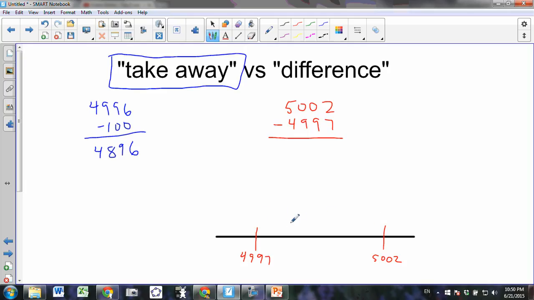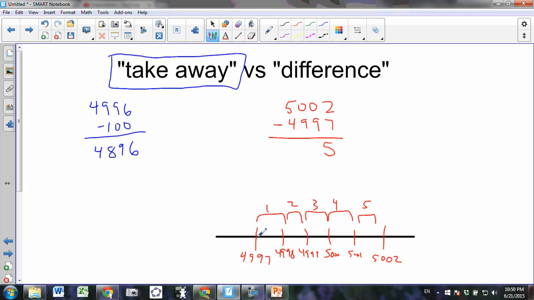You've got 4,998, 4,999, 5,000, 5,001, 5,002. So 1, 2, 3, 4, 5. The difference is 5.